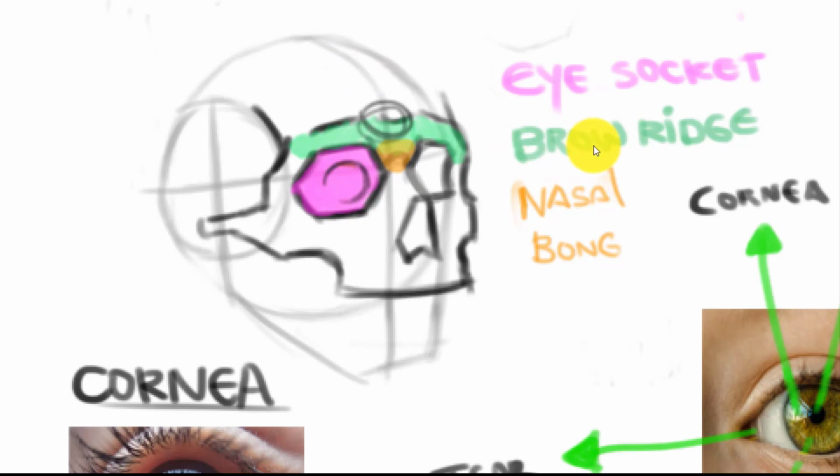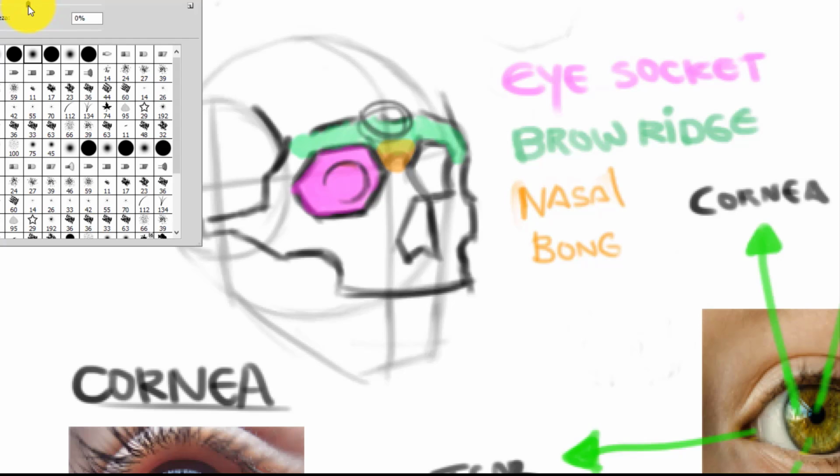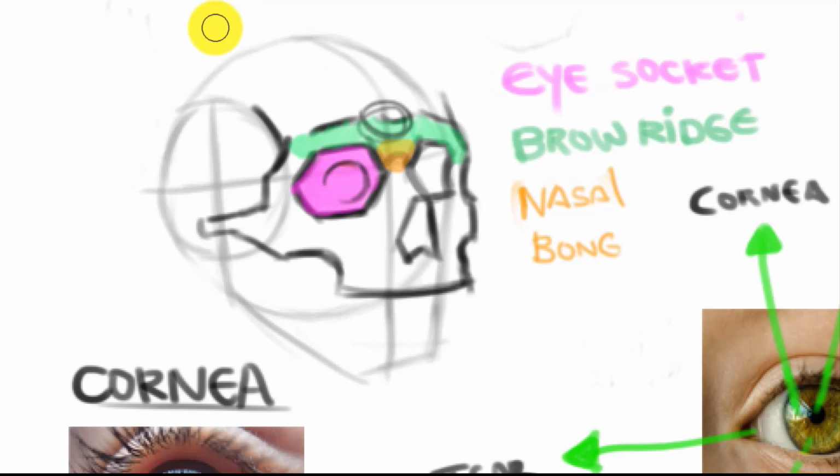As for the second one, the brow ridge, it serves more as a protection for the eye. As I mentioned before, if you remember, we have different planes in the face, right? So if we think about it, this here is the brow ridge, and inside of your eye socket you will find your eye, that sphere.